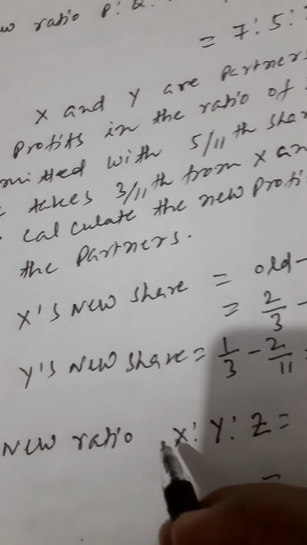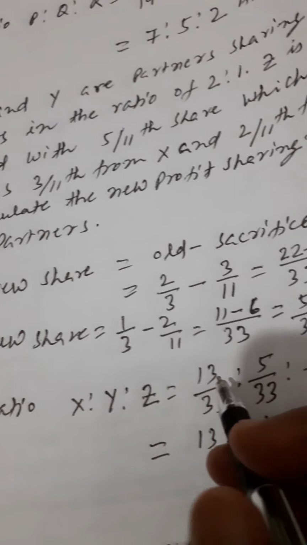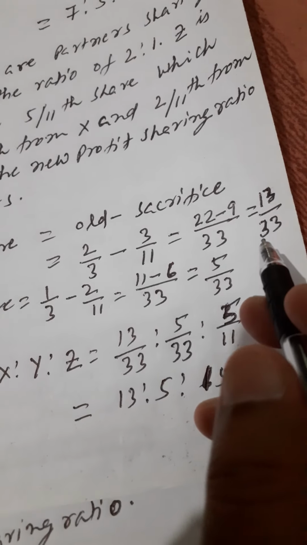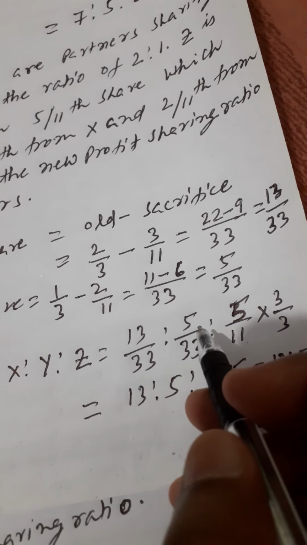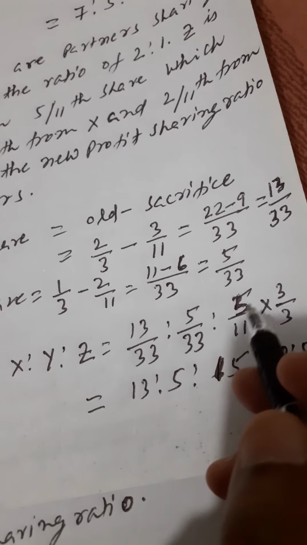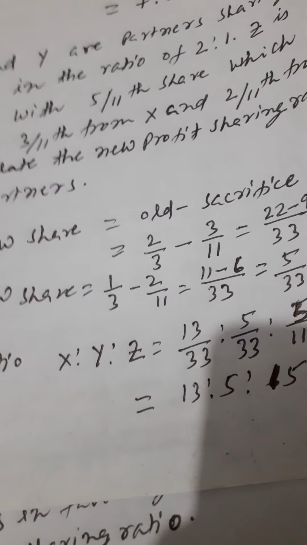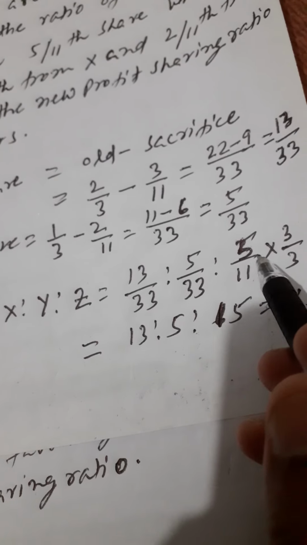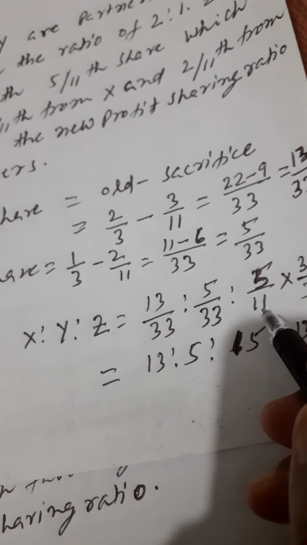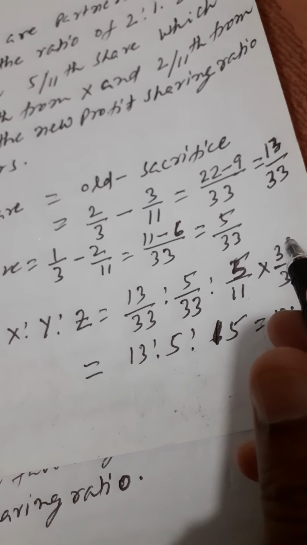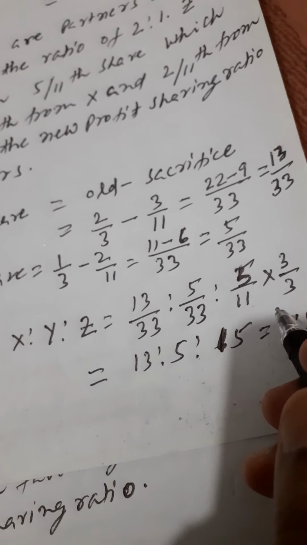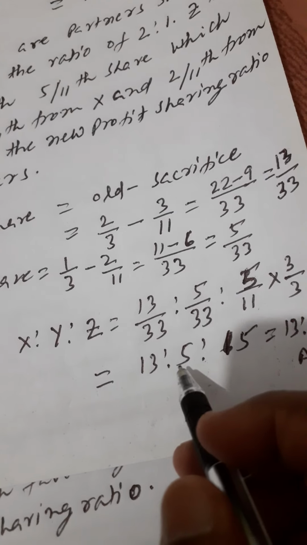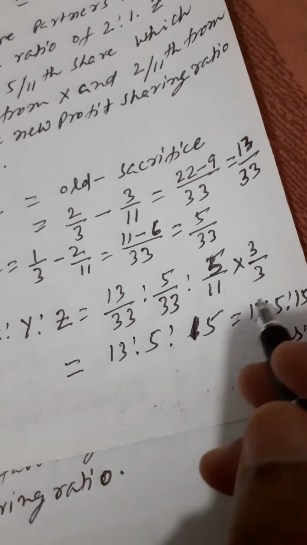Then the new ratio between X, Y and Z will be X 13/33 is to Y 5/33, and Z's share is already given in the question, that is 5/11. You have to equalize the denominator by multiplying numerator and denominator by 3. Then you will get 13:5:15. This is the answer of this type of question.